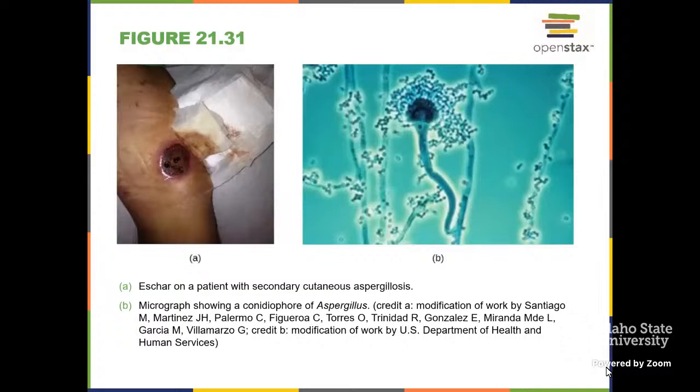So here is another fungus, Aspergillus, and it can be like some black mold that you may see in your house. Sick building syndrome sometimes is some fungi, other times it might be different chemical pollutants within there, but Aspergillus can be a culprit, all right? What we're seeing in this patient over here is called secondary cutaneous aspergillosis.